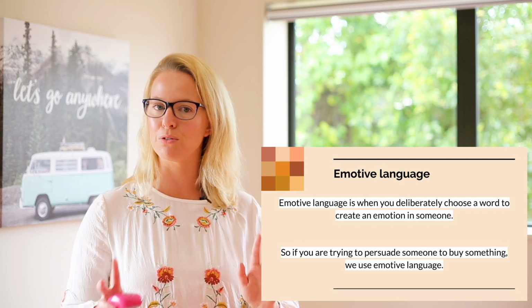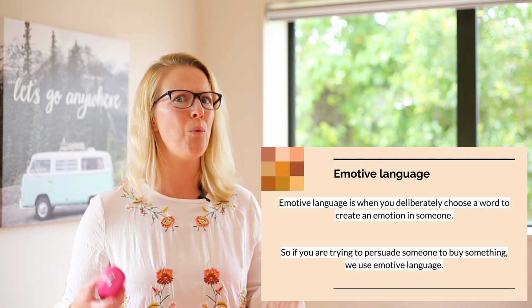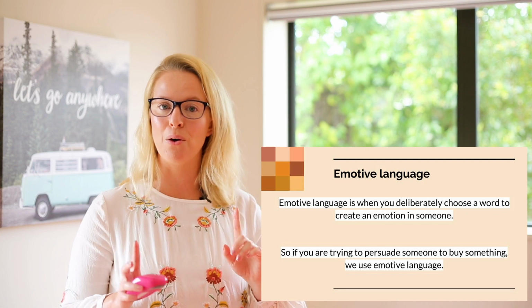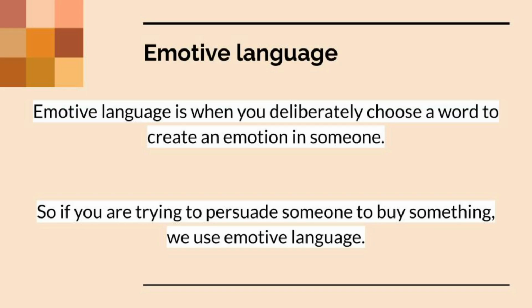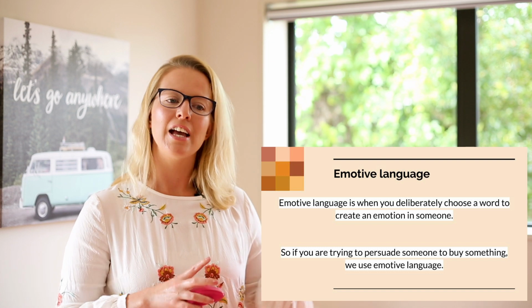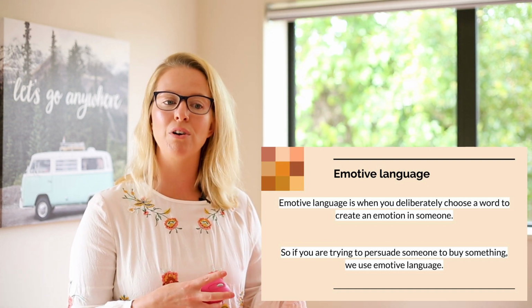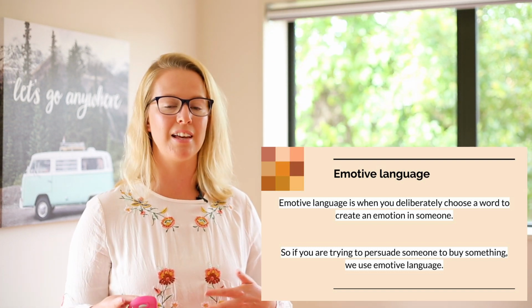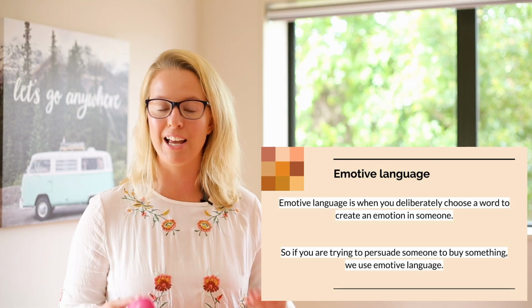All right, let's talk about emotive language. I've mentioned it a few times, but you might be sitting there going, "What are you talking about?" So let's run through this. Emotive language is when you deliberately choose a word to create an emotion in someone. It's a bit tricky to understand, but it means if you're trying to persuade or convince someone to buy something, we use emotive language.